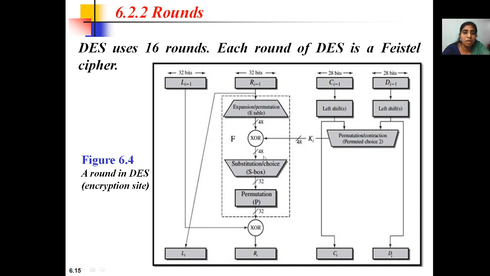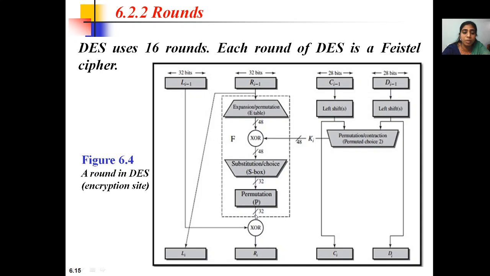So we have 48 bits as the input, and we achieve 32 bits from the S boxes. That 32 bits we again put into the permutation or P box, which is a transposition of values, where we replace by the related transposition numbers, and we get the output as 32 bits.